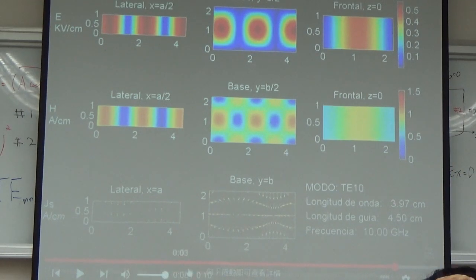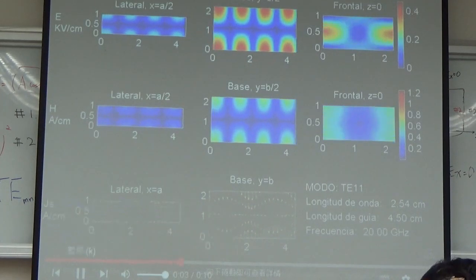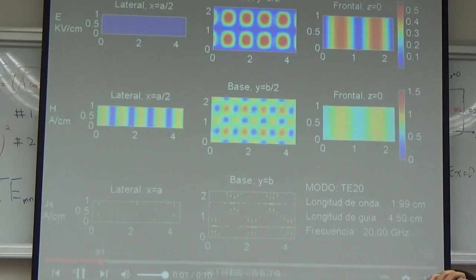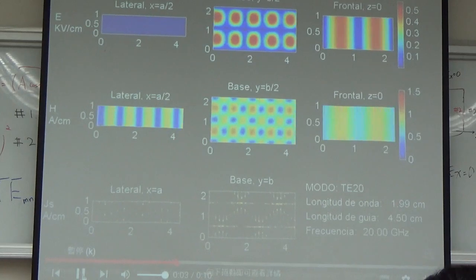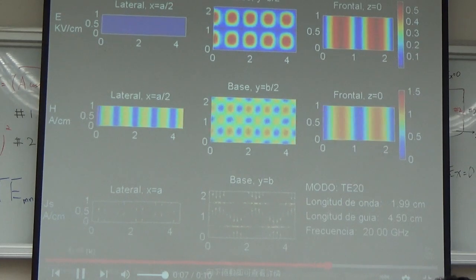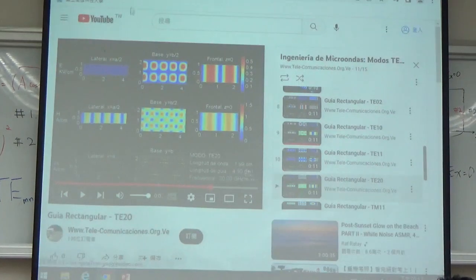And you can also see other modes. TE11. For other modes it is too complex. Maybe you can use the math, and you need to read more carefully. There are many other different modes.